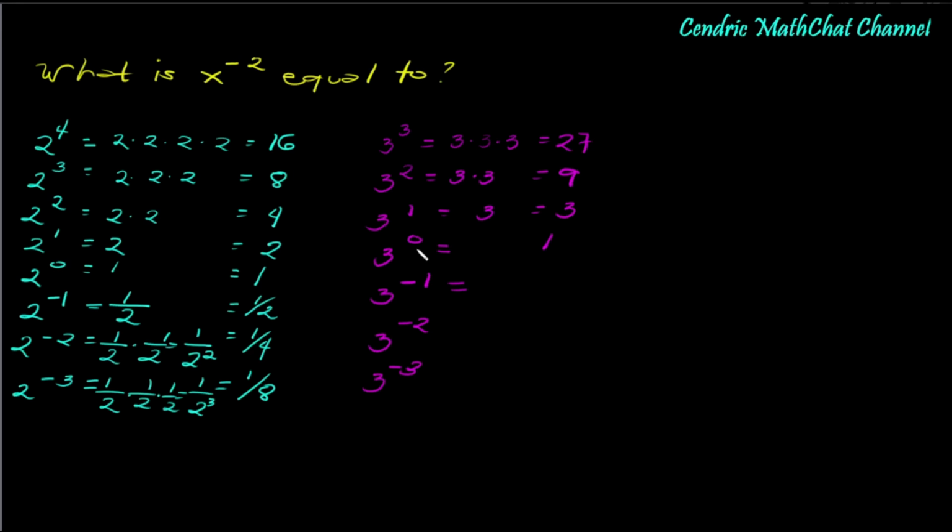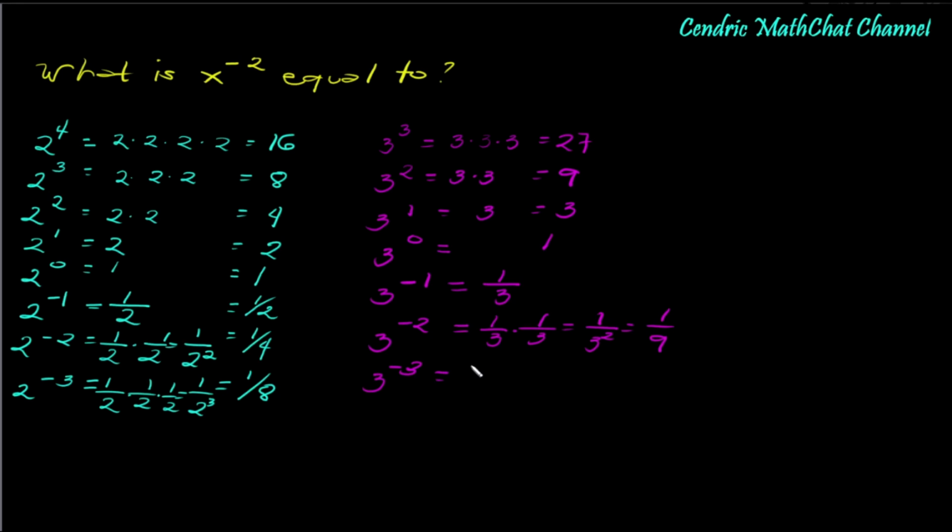Going down, continue the pattern. What's 1/3 of 1? It's 1/3. What's 1/3 of 1/3? 1/3 of 1/3 is equal to 1/9. Then it's the same thing. What's 1/3 of 1/9?